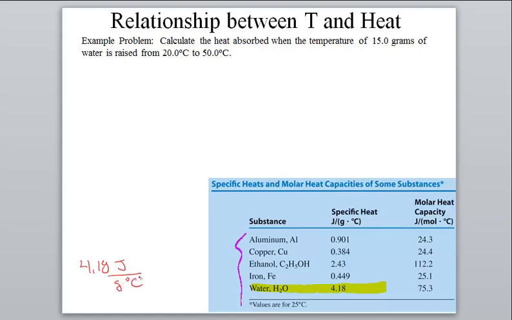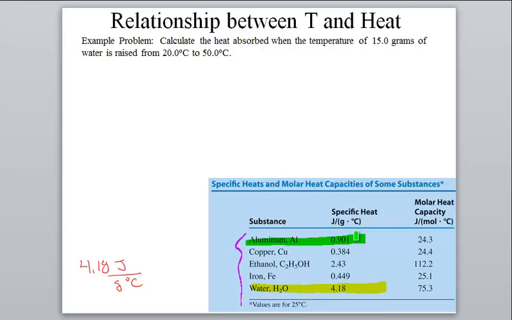What this says is that it takes 4.18 joules worth of energy to heat 1 gram of water up 1 degree Celsius. If we looked at something like aluminum, its value is a little different. 1 gram of aluminum would require 0.9 joules worth of energy to heat it up 1 degree Celsius.